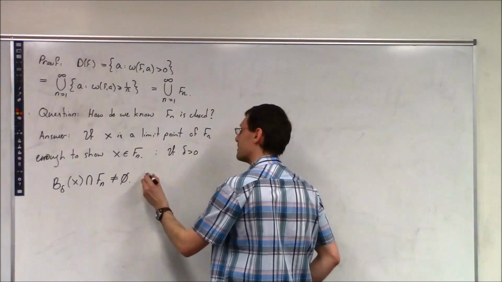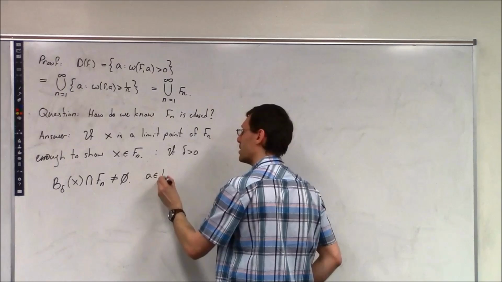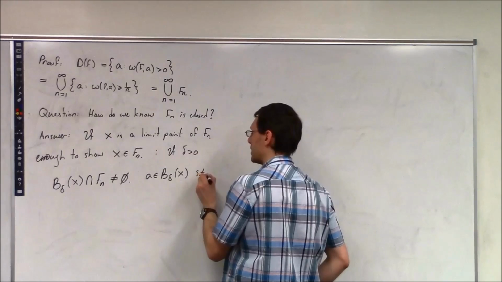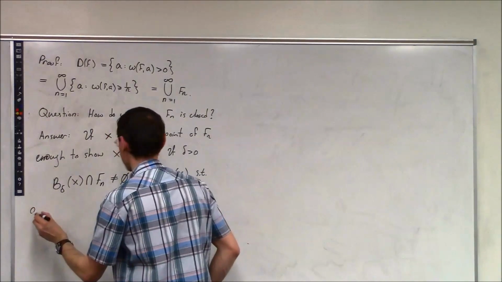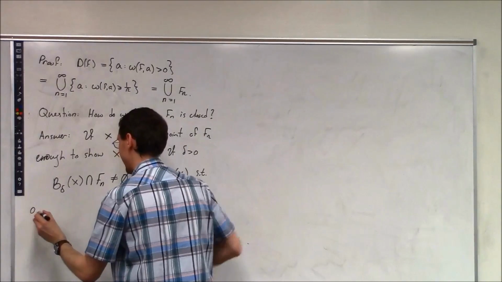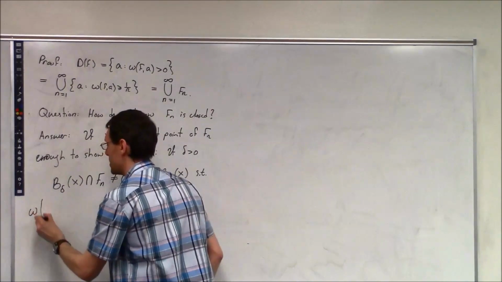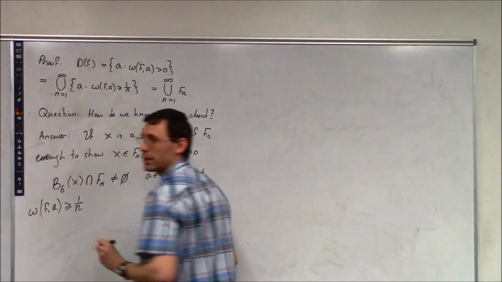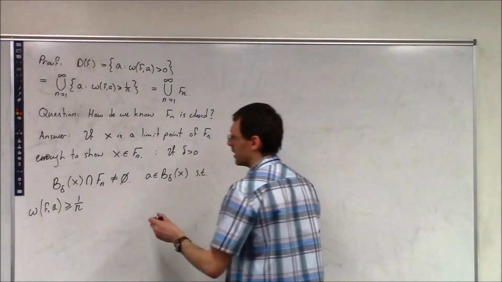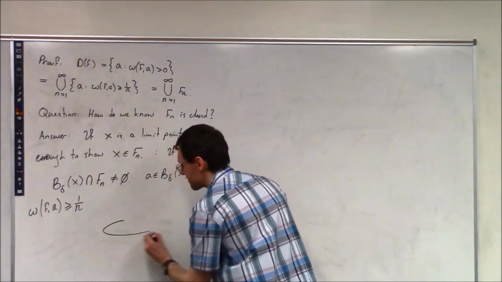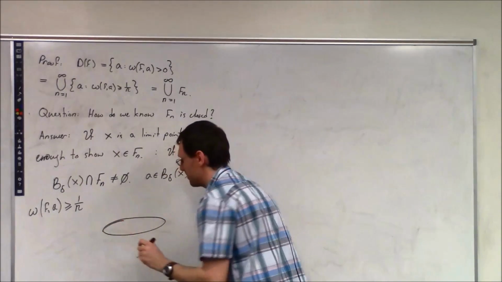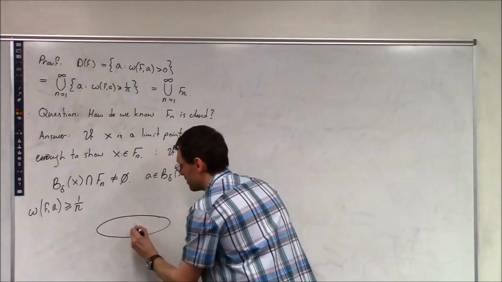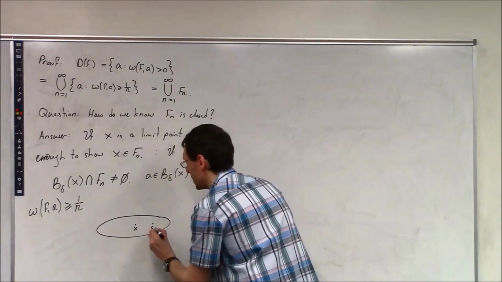So there is A belonging to the ball of radius delta centered at x, such that the oscillation of f at A is bigger than or equal to 1 over n. Correct? So let's draw what we just verified.